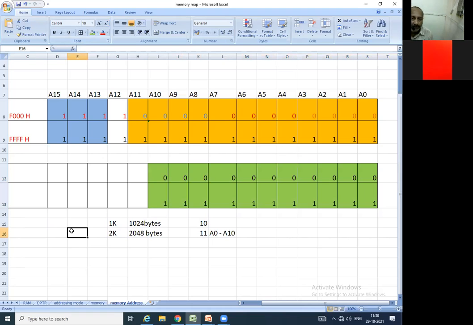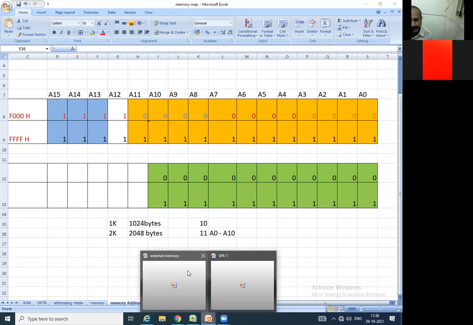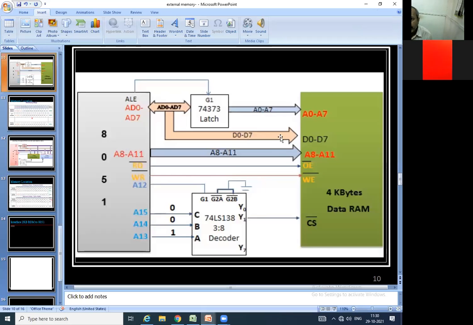But what about the remaining bits? For that, we are supposed to refer to the diagram first. In this, A0 to A7 will be as it is. Here, A8 to A10, those who have drawn the diagram, just verify A8 to A10. ह्या lines इथं connect करायच्या आहेत. So remaining is 11, 12, 13, 14 and 15.